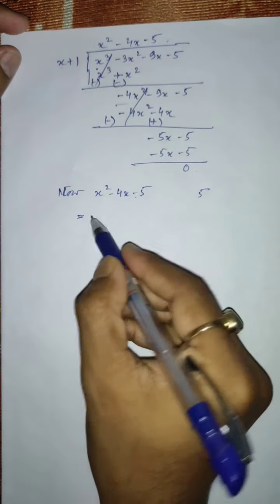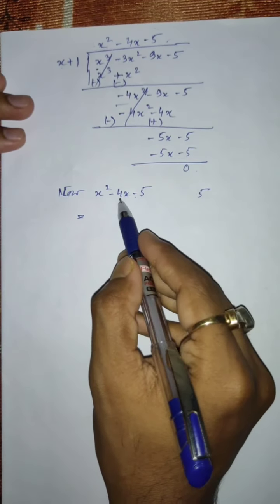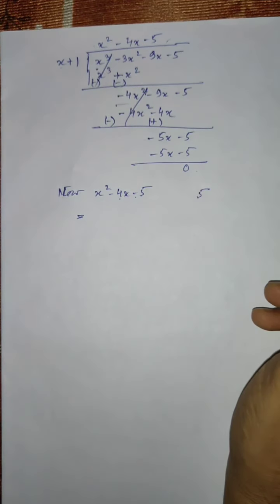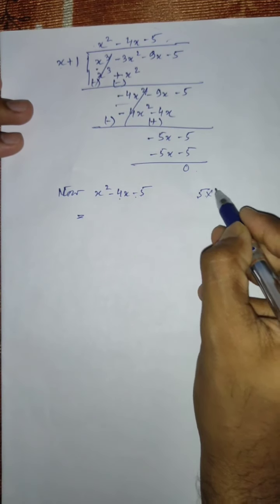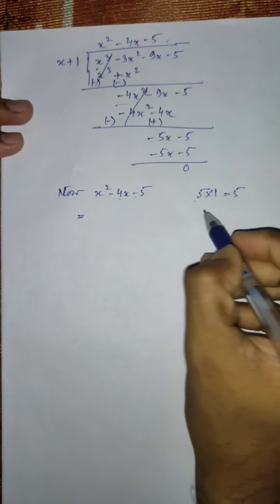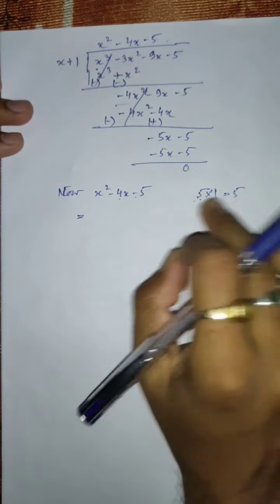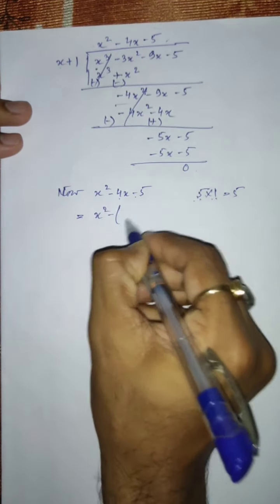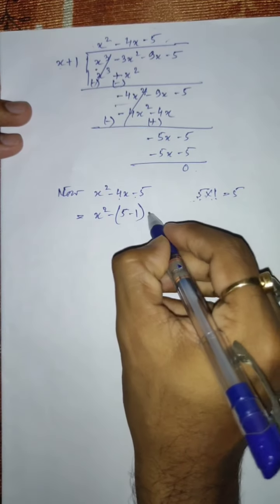So we have to get this 4 by subtracting the factors of 5 and 1. So 5 is a prime number, we cannot factorize it, but 5 into 1 is equal to 5, we know this. So 5 and 1 are definitely the factors of 5. So we can write it 5 minus 1.